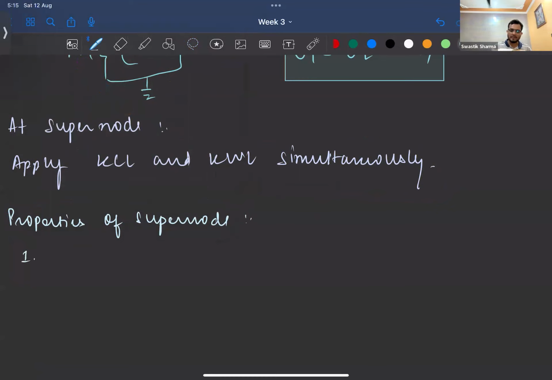The first property is that we need to apply KCL and KVL simultaneously.